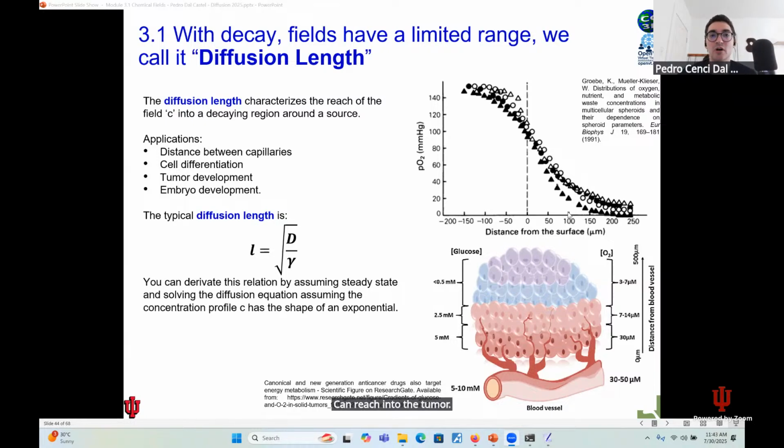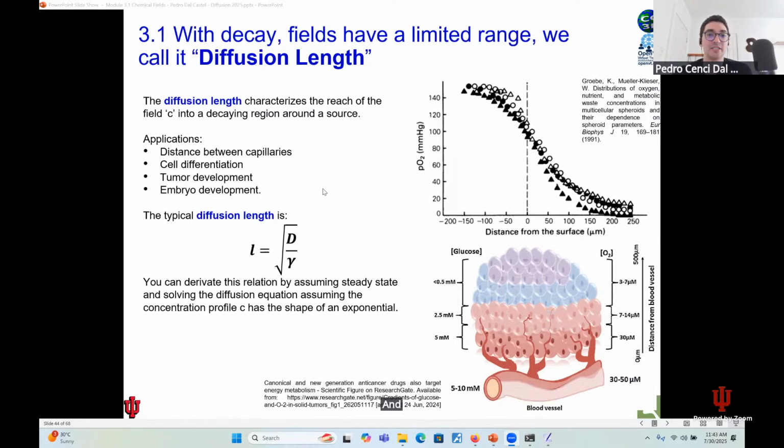This is what we call diffusion length. The diffusion length is like reach of the field into a region where decay is taking place. Diffusion length is given by the square root of the diffusion divided by the decay coefficient.